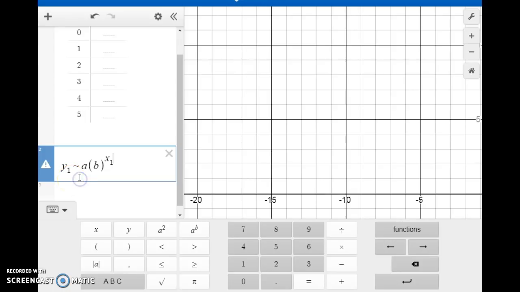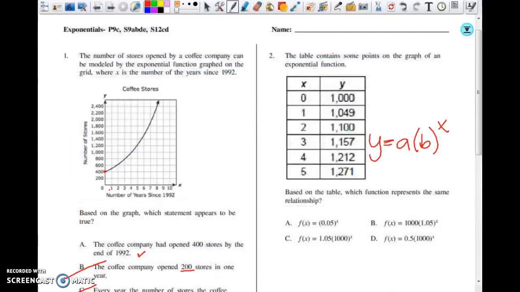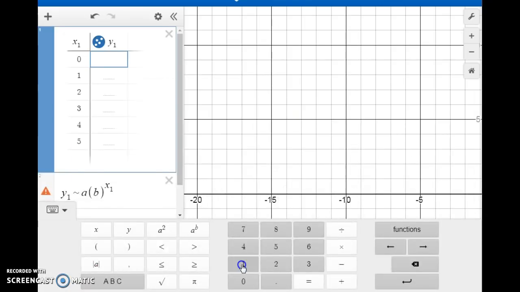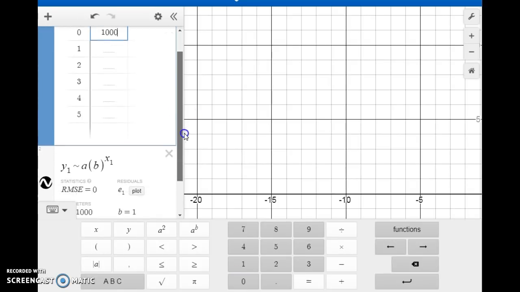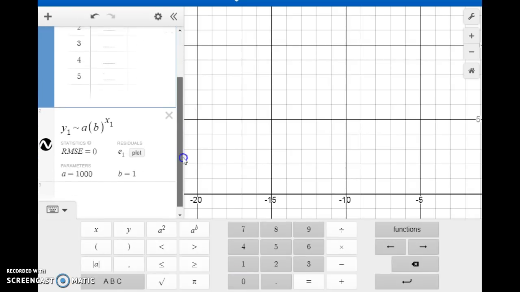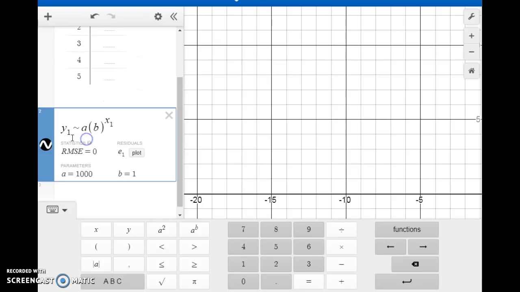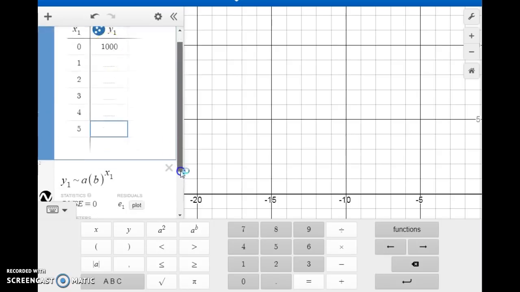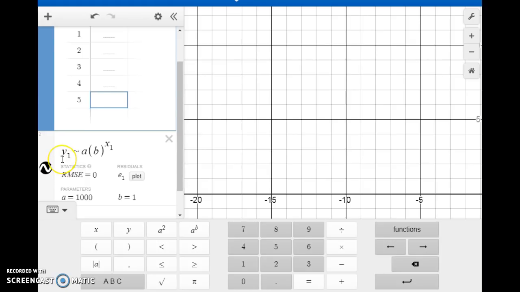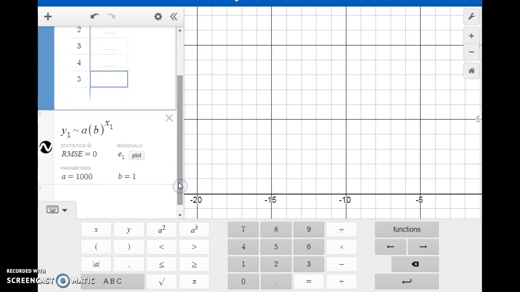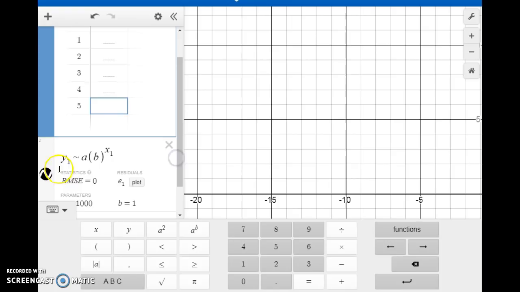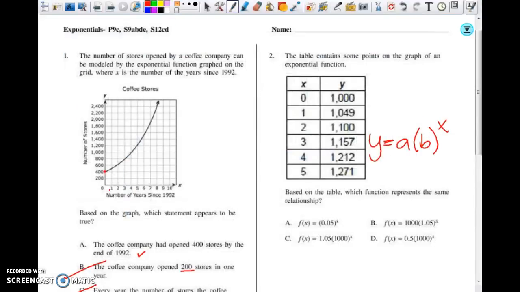Remember, there's a button that pops up. Let me see if I can get it to pop up. Let me put the first point. Okay, I put the first point for you guys. Well, I guess it didn't pop up actually. There's a button here to turn on the log mode. Make sure you check it. Once you put in all your points, this will pop up. So make sure you check it, and then you'll go ahead and get your answer choice, because without the log mode, your answer will not be correct.